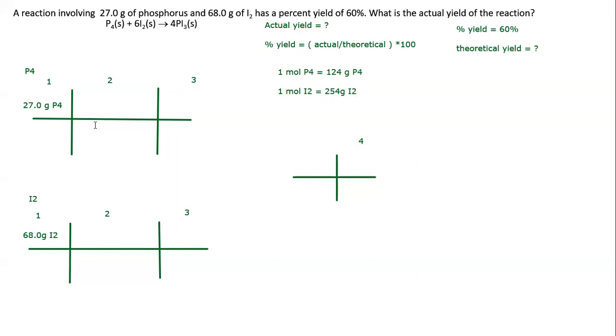So again, in slot 2, the molar mass goes on the bottom. The moles goes on top. For iodine, the mass of iodine in 1 mole goes on the bottom. The moles goes on top.